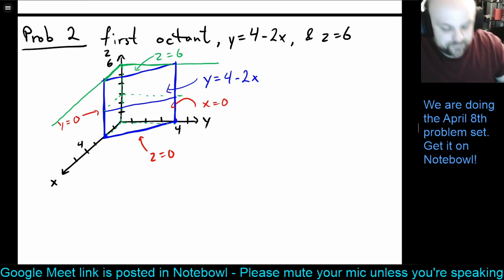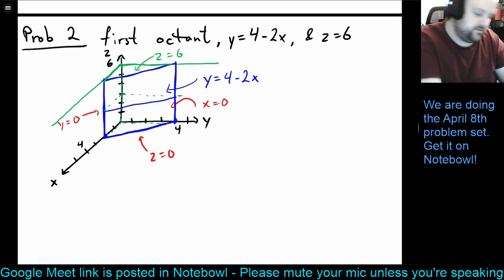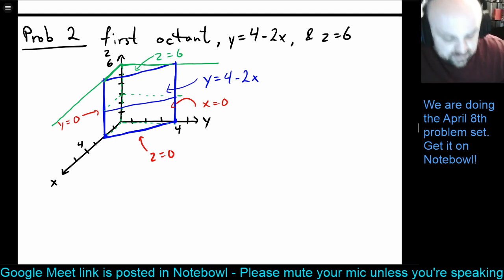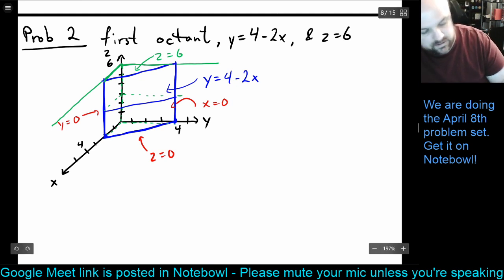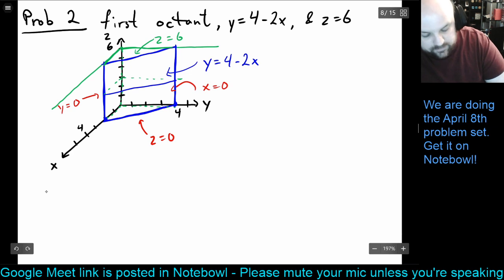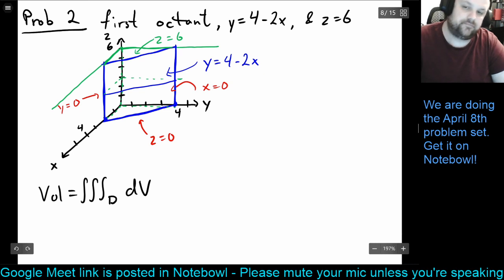Now that we have that settled, let's actually get the integral set up. We're calling this region D. For a triple integral, the volume of a region is given as the triple integral over D of dV.